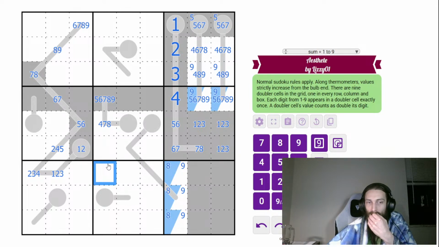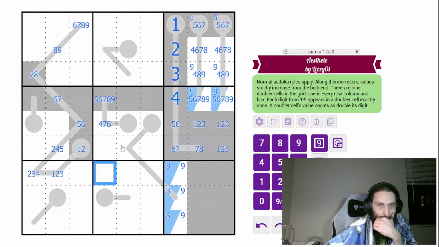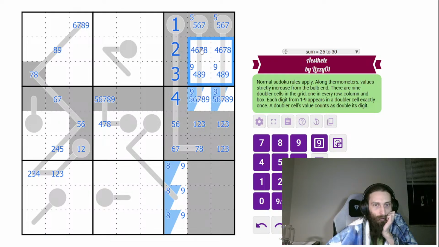Yeah. The only digit we know that is doubled is a doubled 4. Right.